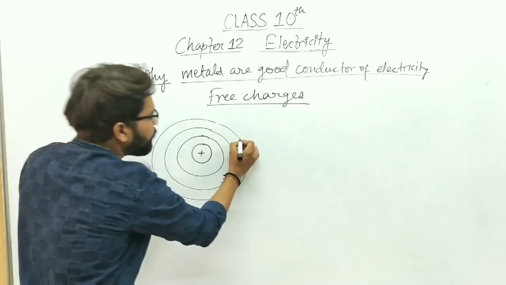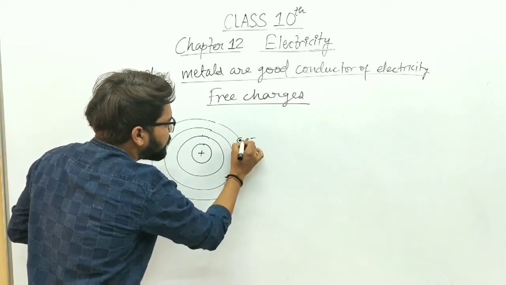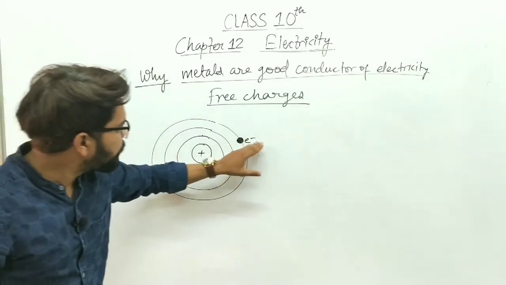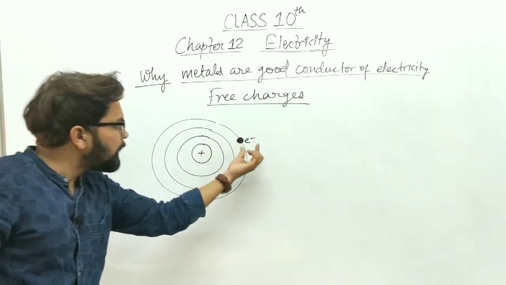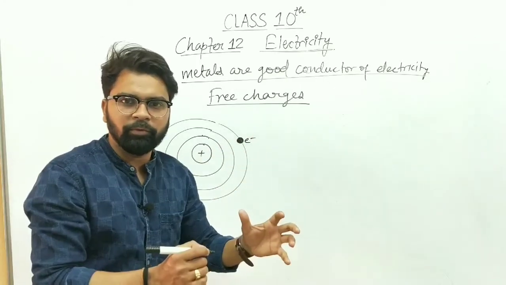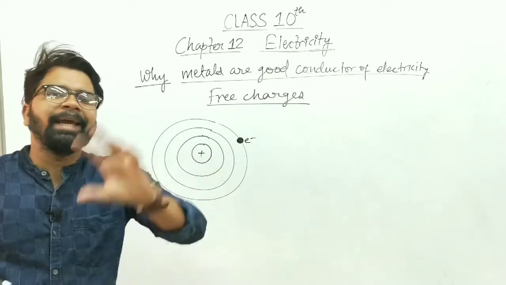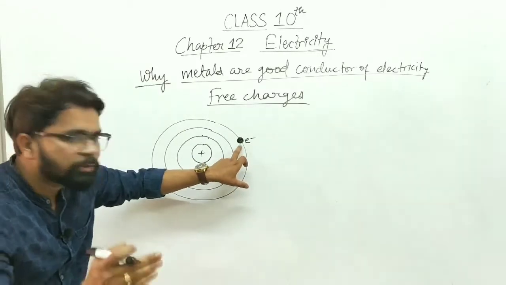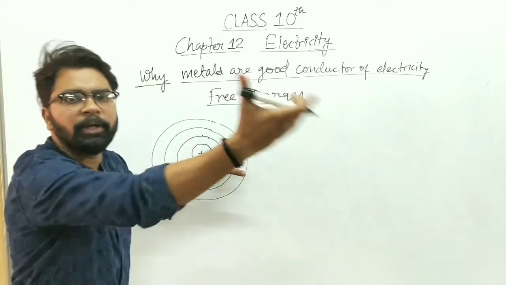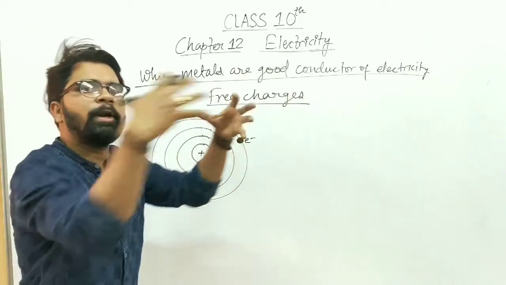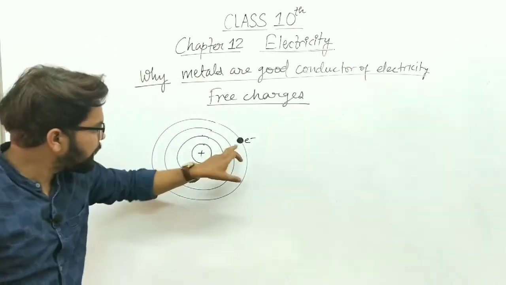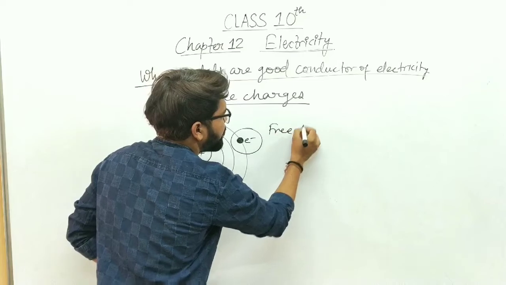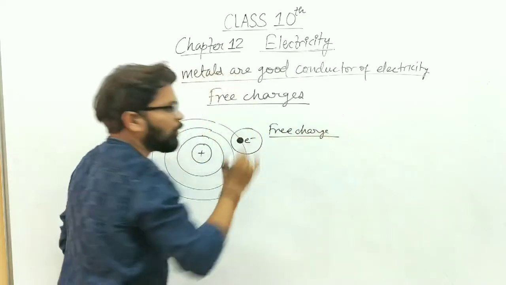So if an electron is in the outer shell, this electron is free to move, like in NaCl, the bonding of the electrons. This electron is free to move, free to share, free to make bonding with another element. So it is called a free charge.